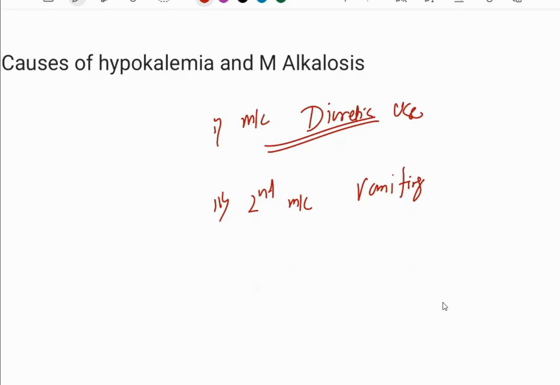Then we will discuss the genetic causes of hypokalemia and metabolic alkalosis. The genetic causes include Liddle syndrome, which is autosomal dominant and usually presents with hypertension.